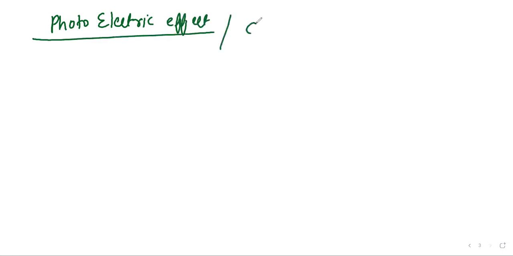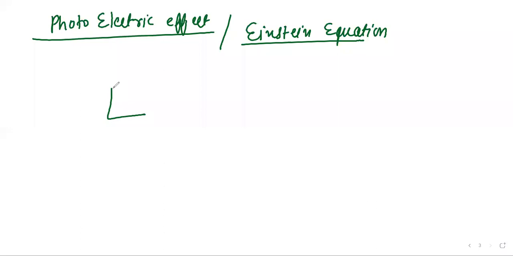So let's see the concept of the photoelectric effect, also called the Einstein equation. Very simple concept. This is your metal, and when an electron is coming out, that is called the final kinetic energy.